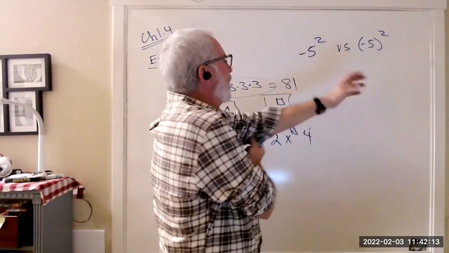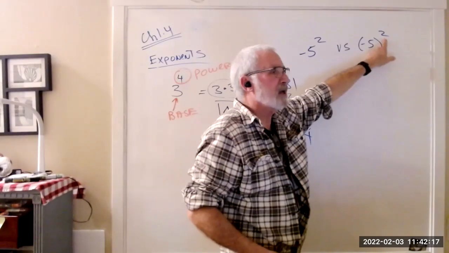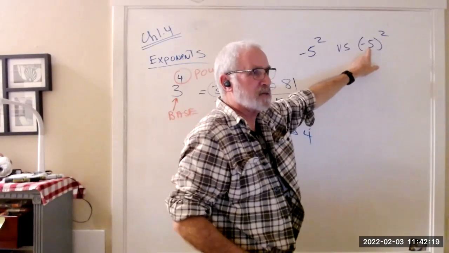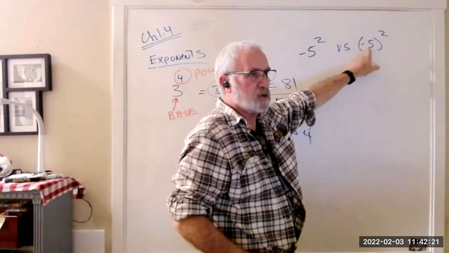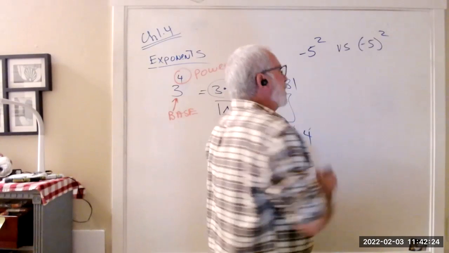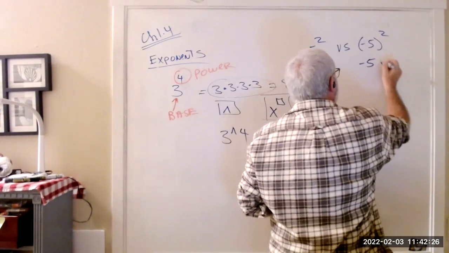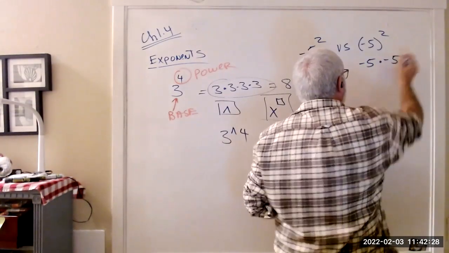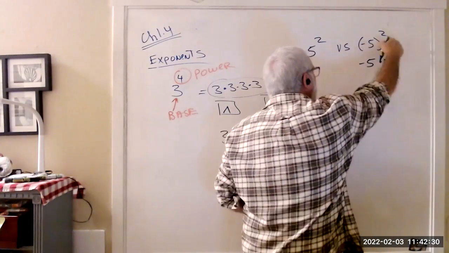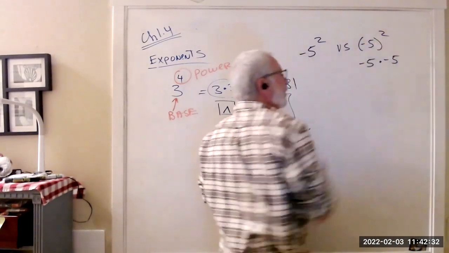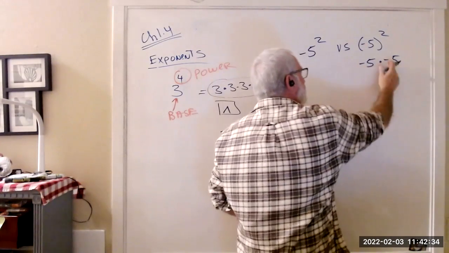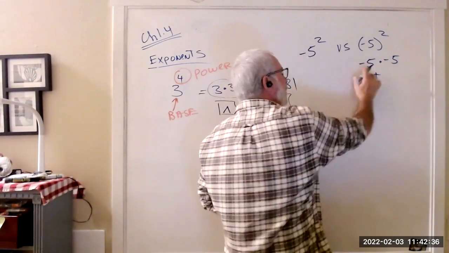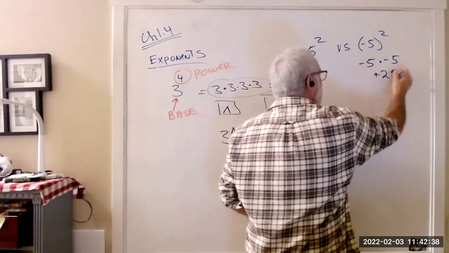What I heard you say was over here, the minus is being affected by the power, the exponent. So the whole thing is being powered. This is -5 multiplied by -5 because the negative is being affected by the power of 2. So negative times negative is positive. 5 times 5 is 25.